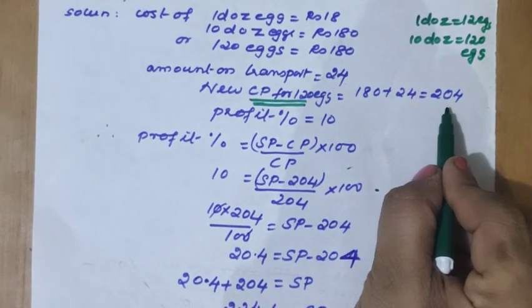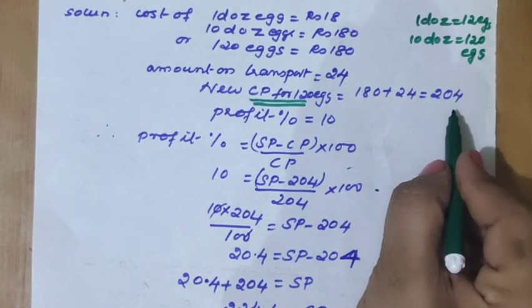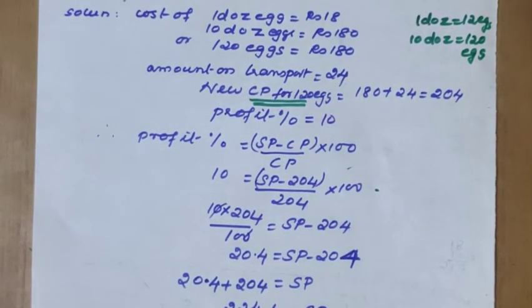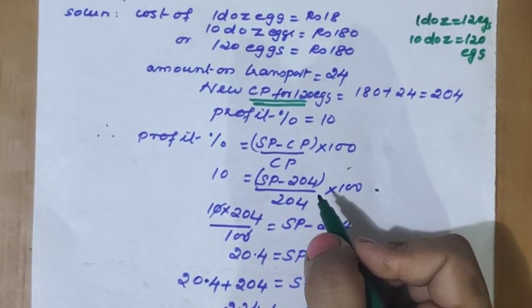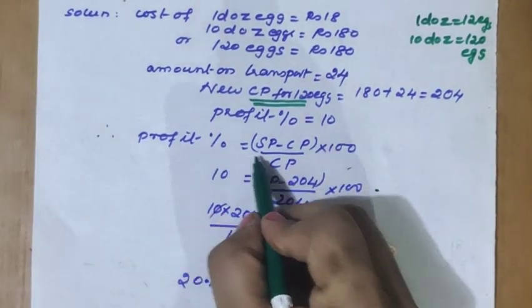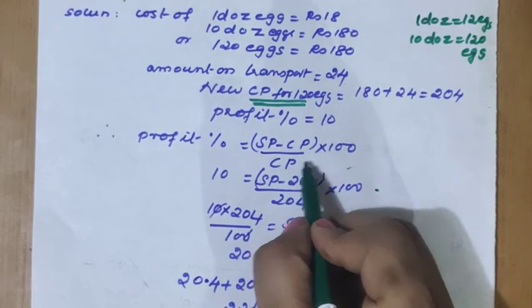Now what is the profit he wants to make? 10%, right? So we got CP as 204 and profit as 10%. Now what do we want to find out? We want to find out the selling price of one egg only. Now let us calculate the selling price. The profit percentage formula is equal to SP minus CP divided by CP into 100.